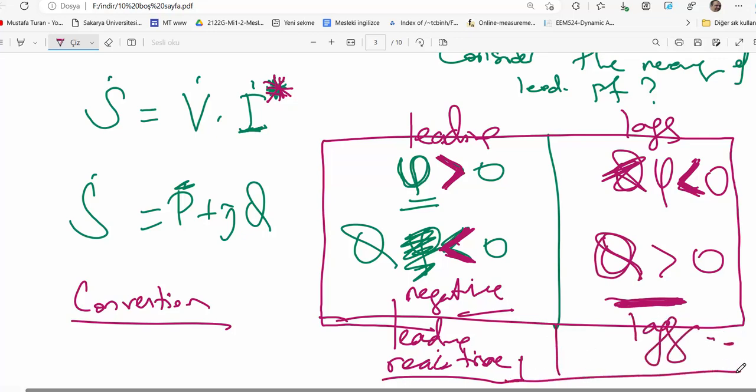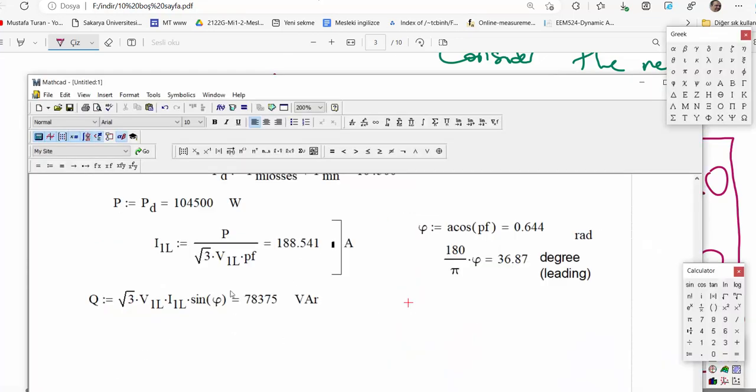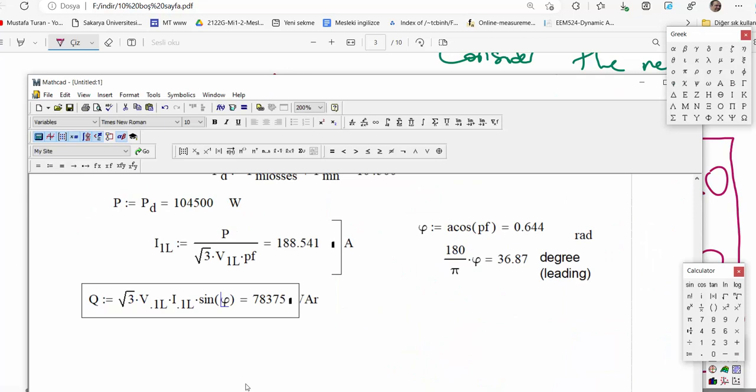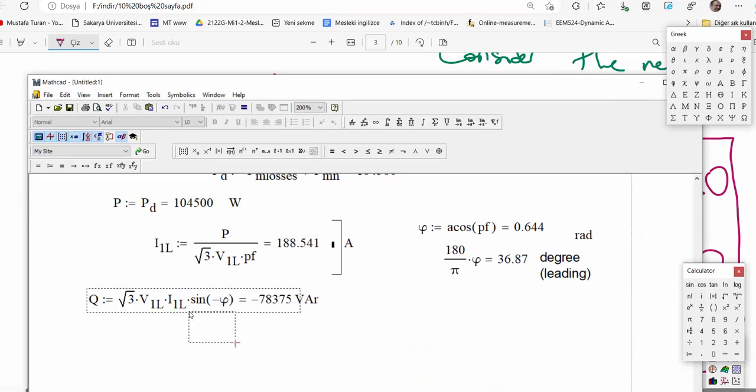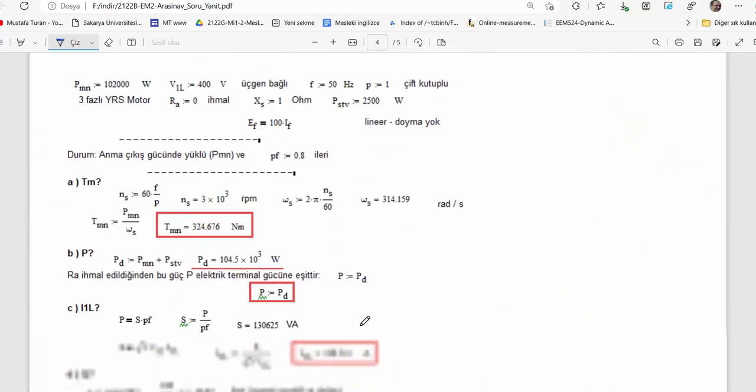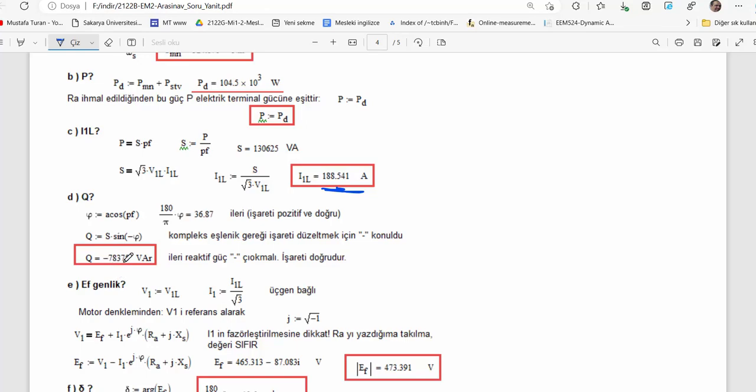Here is something confusing. That confusion comes from the complex conjugate here. So let me make a little bit of correction. Here must be minus due to complex conjugate. That is the reactive power, ladies and gentlemen: minus 78 kilovolt ampere reactives. Okay, we have calculated reactive power. Let's check it out. Yes, here it is.